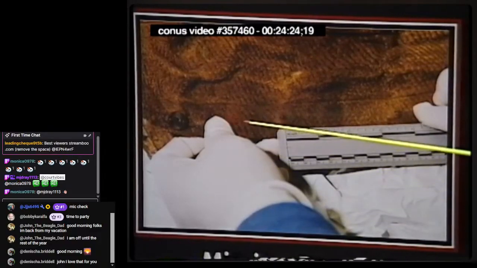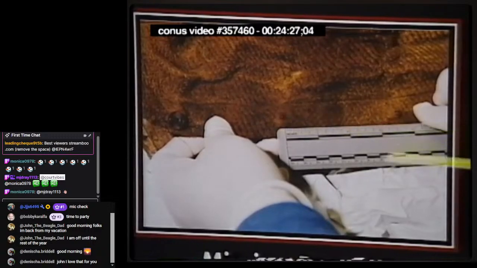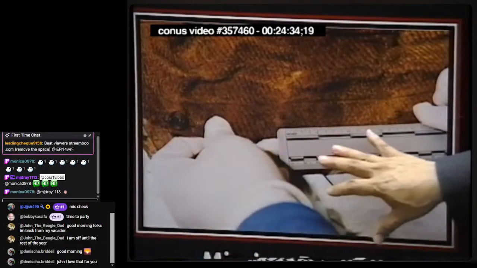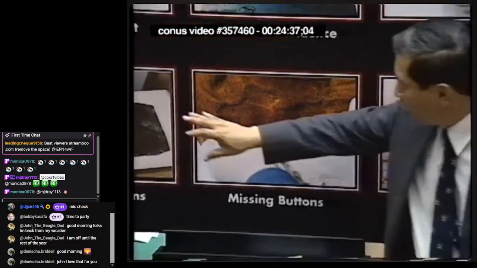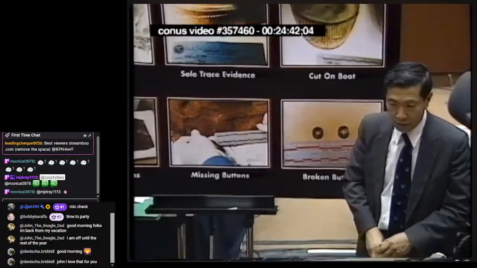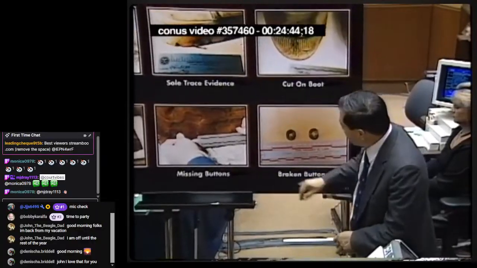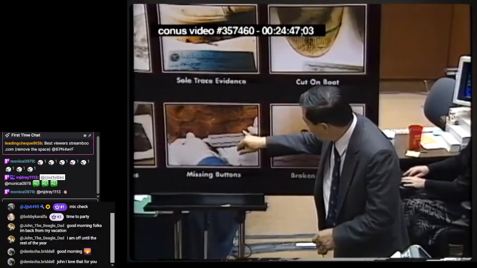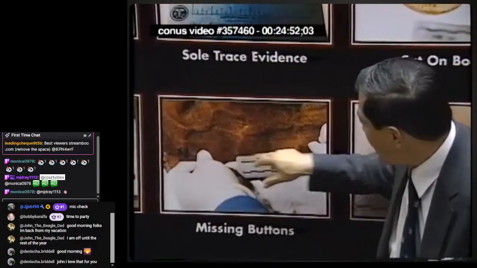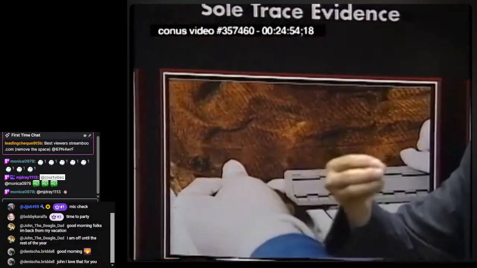What I did notice is some buttons missing. A total of 3 buttons appear to be separated from his shirt: the number 3 position, number 5 position, and number 6 position. A portion of plastic-like material and thread is still attached at those locations.